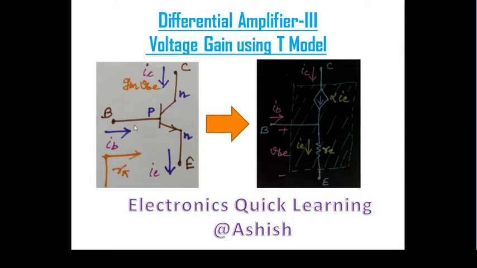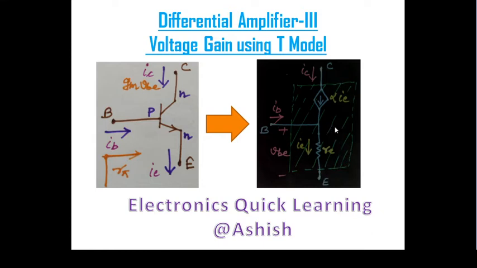So we can replace this NPN transistor with the T model like that. I already discussed all these things in my past video lectures. This is the basic representation of an NPN transistor and its corresponding T model with RE and the alpha by gm term. We will use this concept for the calculation of voltage gain.